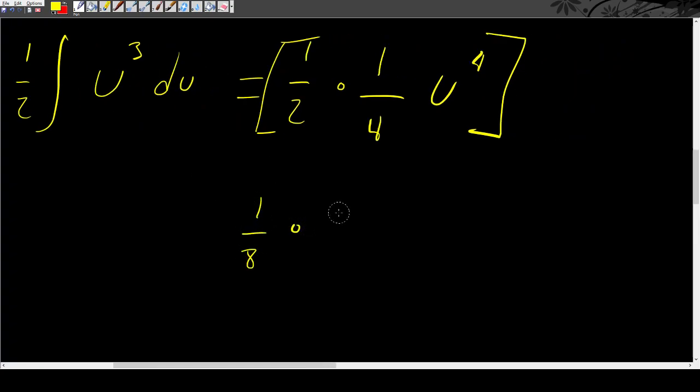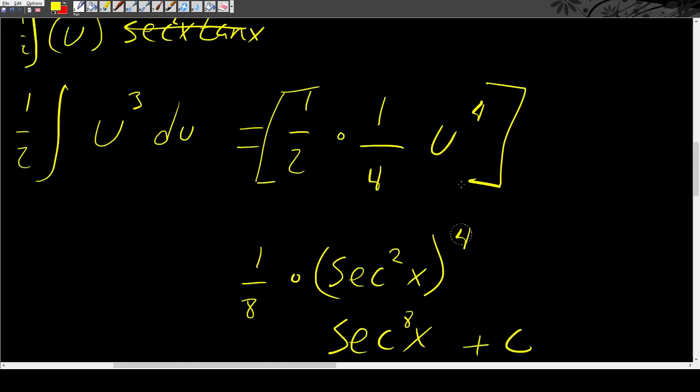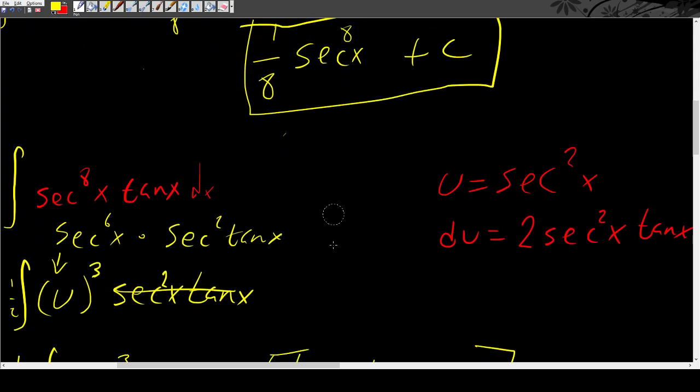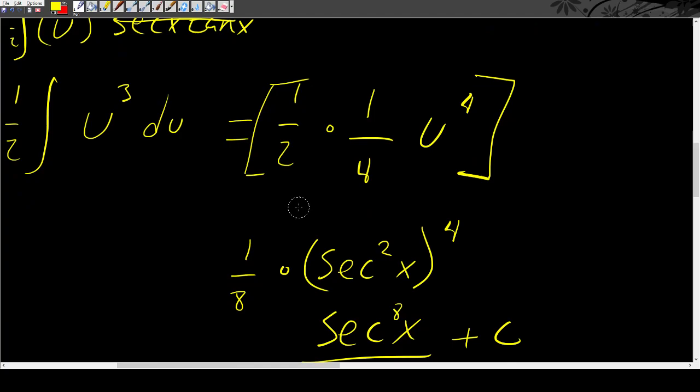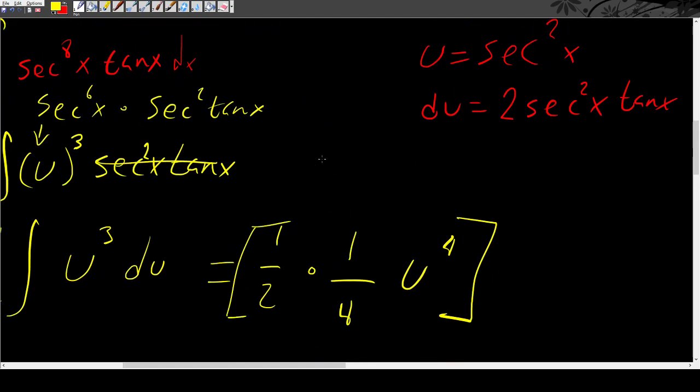So 1/8 times secant squared x to the 4th, aka secant to the 8th x over 8, plus c, which is the exact same thing that we got here. Obviously I just wrote it over 8 this time instead of writing 1/8 out in front like I did up here.